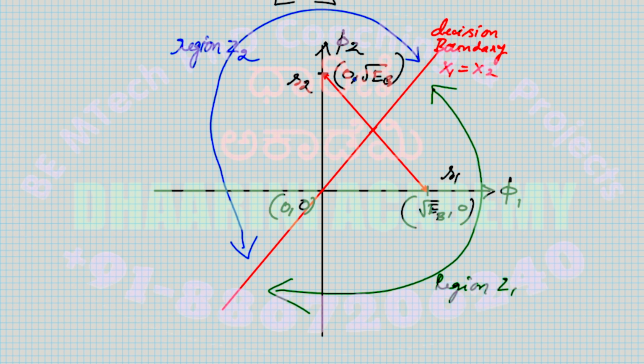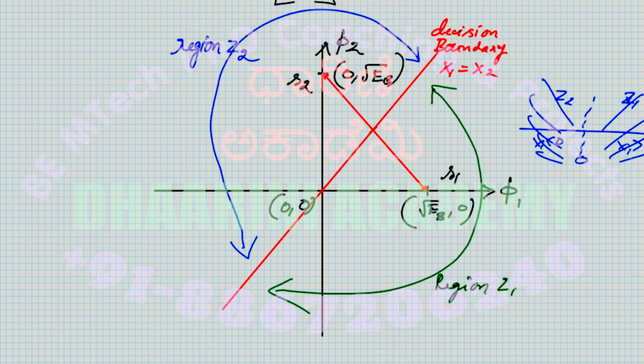My question is like that. If I had something like this, and say this is region Z1, this is region Z2, and this is the center, I used to say if x1 is greater than 0, that is Z1. If x1 is less than 0, that was Z2. Yes, please answer.